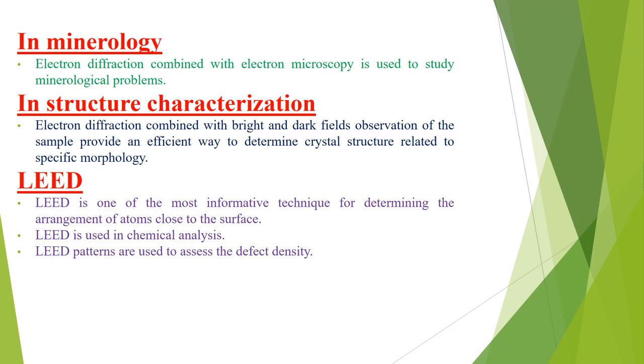LEED is one of the most informative techniques for determining the arrangement of atoms close to the surface. LEED is used in chemical analysis, and LEED patterns are used to assess the defect density.